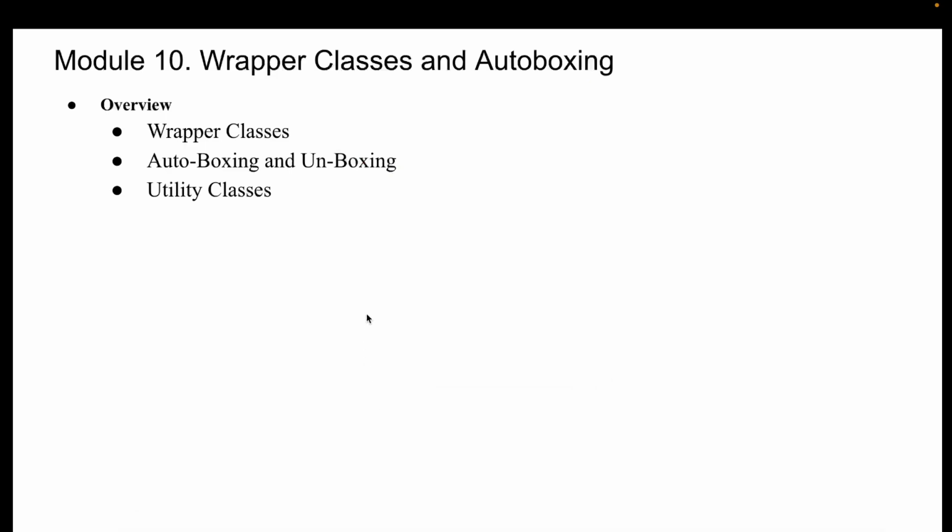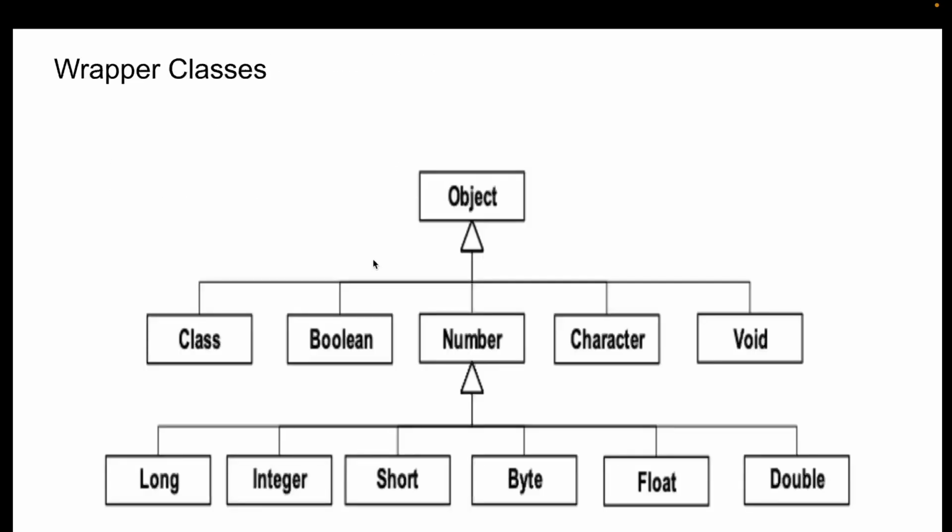So we have some wrapper classes in Java. You have already seen primitive data types. When we talked about data types, we talked about different data types like char, boolean, long, integer, byte, short, float, double.